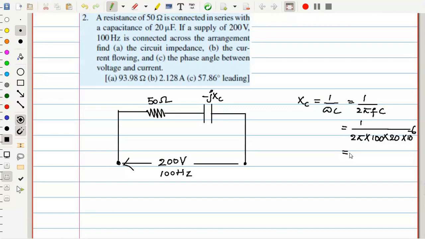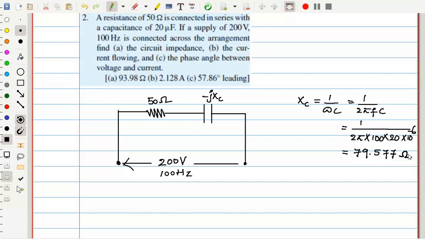Quickly, 1 divided by 2 pi into 100 into 20 into 10 power minus 6. It is 79.577. Is that clear? Everyone got the same thing? 79.577. What are the units?